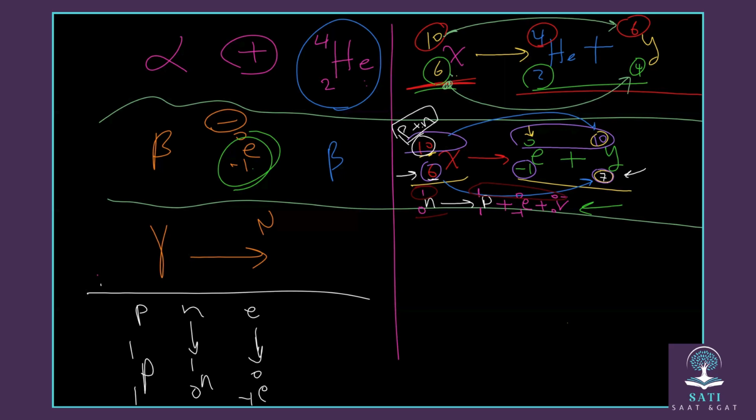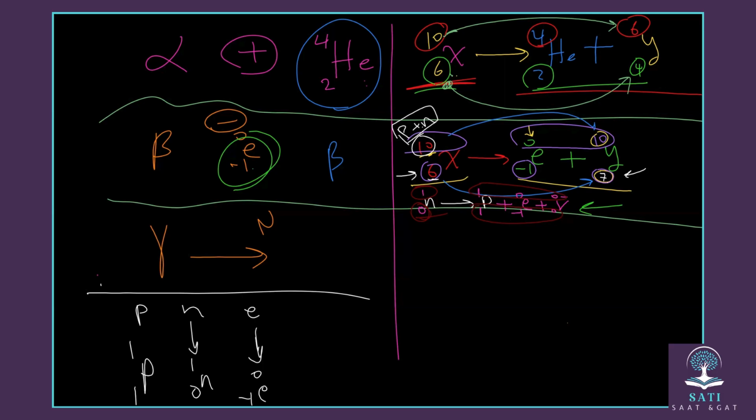Okay, what about atomic number? Here is 0 atomic number, and on the right, if you add these, 1 plus -1 plus 0, it gives you also 0 atomic number.